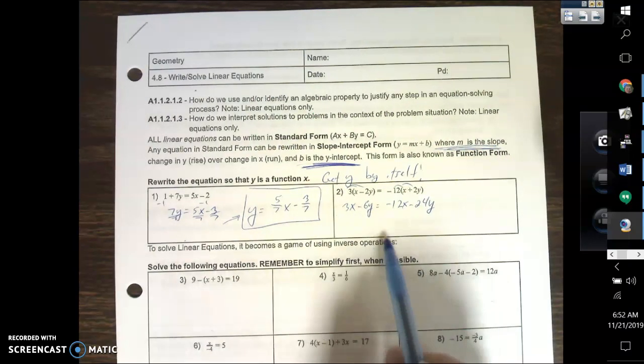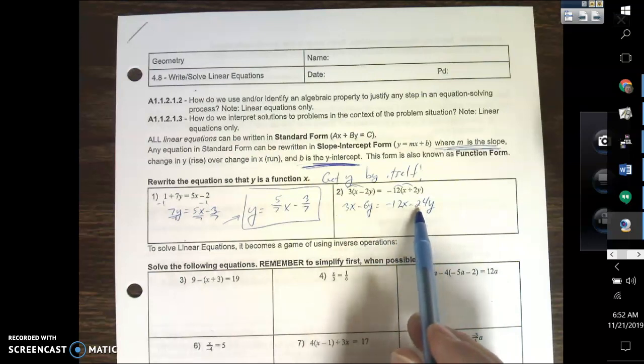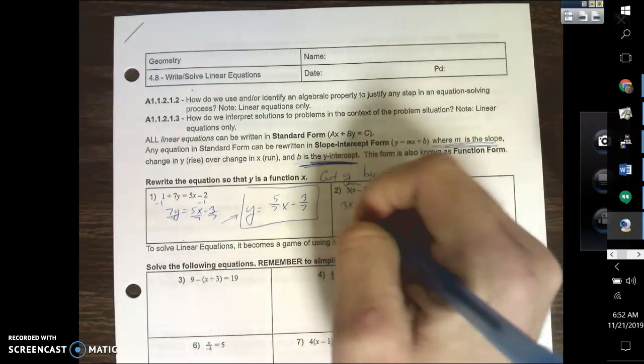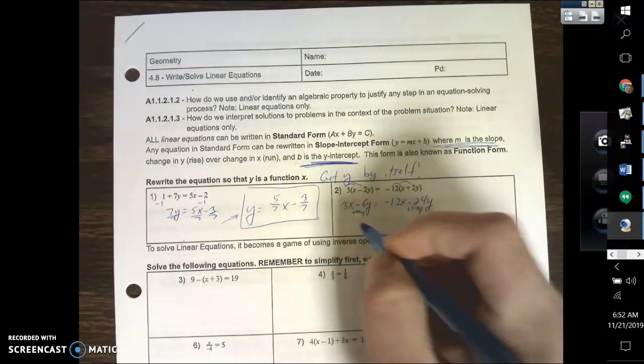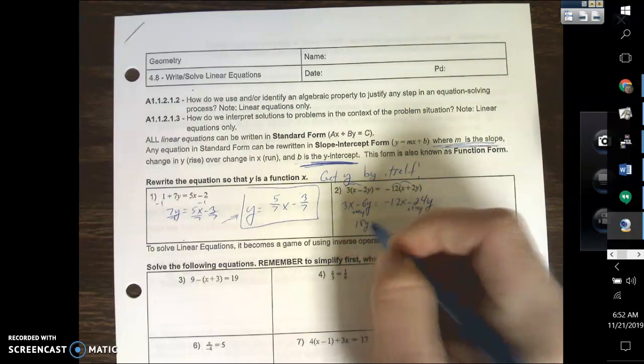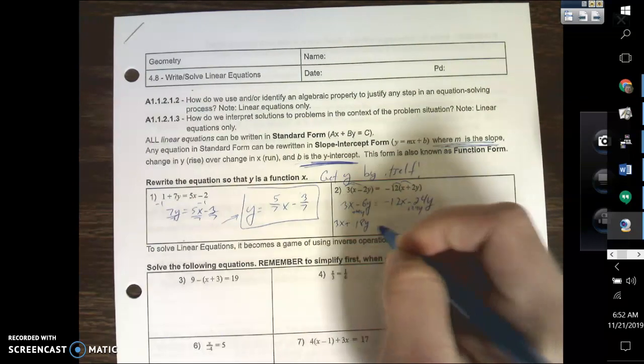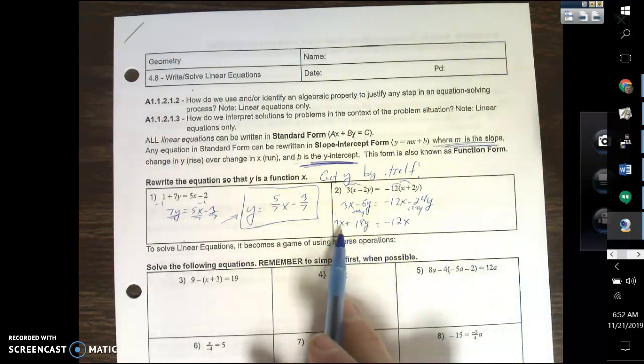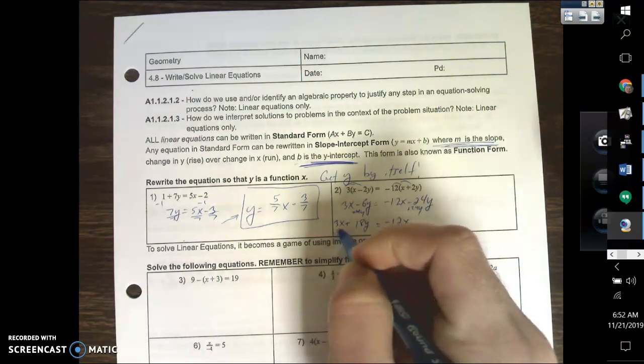Good. I want all the y's on one side. I'm also a super positive guy, so I want to try to keep y positive. I'm going to add 24y here. That will give me 18y on the left. And then I want to get all the x's on one side, so I can subtract 3x.